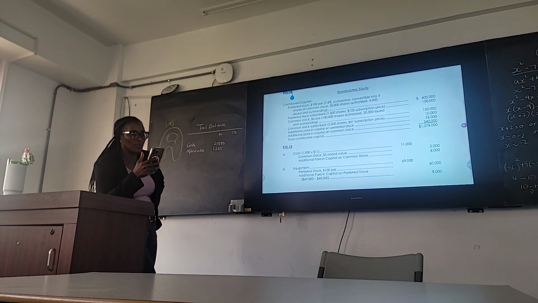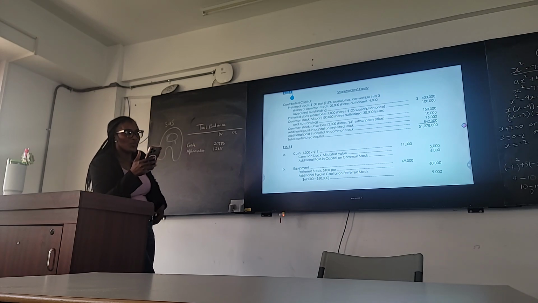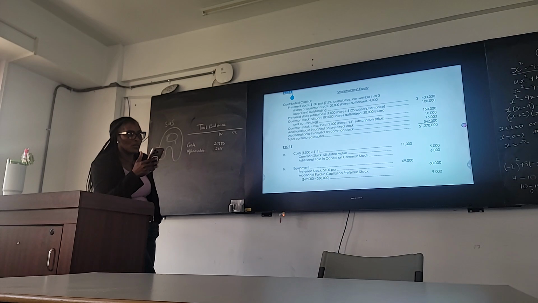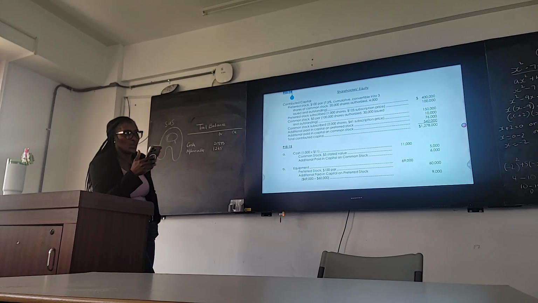Starting with the first one, you have subscription contracts that were entered into for common stock at $9 per share, preferred stock at $112 per share. Common stock subscriptions require a $2 per share down payment. Preferred stock subscriptions require no down payment. Shares, either common or preferred, were issued to subscribers upon full payment.